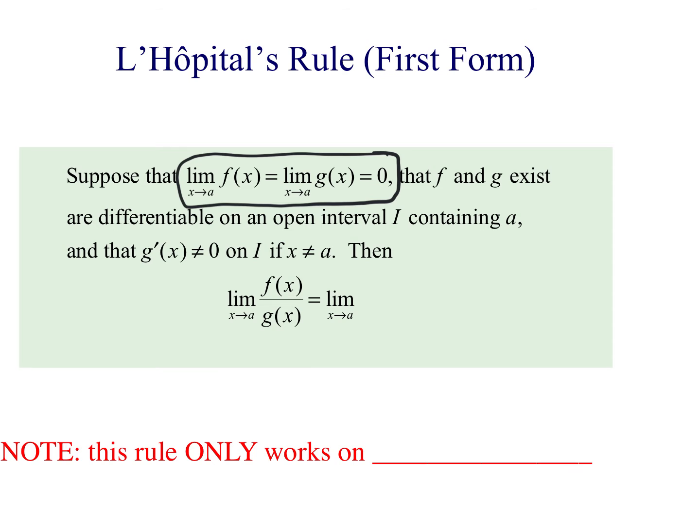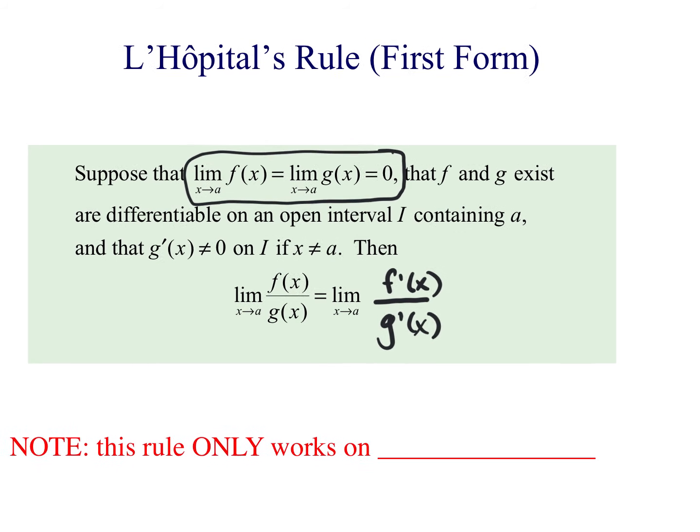Bernoulli and L'Hôpital proved that you could take it a step further by finding the derivative. We'll go ahead and find the derivative instead, and the limit can be proven using derivatives. So take the numerator of the derivative and take the denominator of the derivative, and you won't get 0 over 0 anymore. You'll have an actual value of your limit that you're looking for.